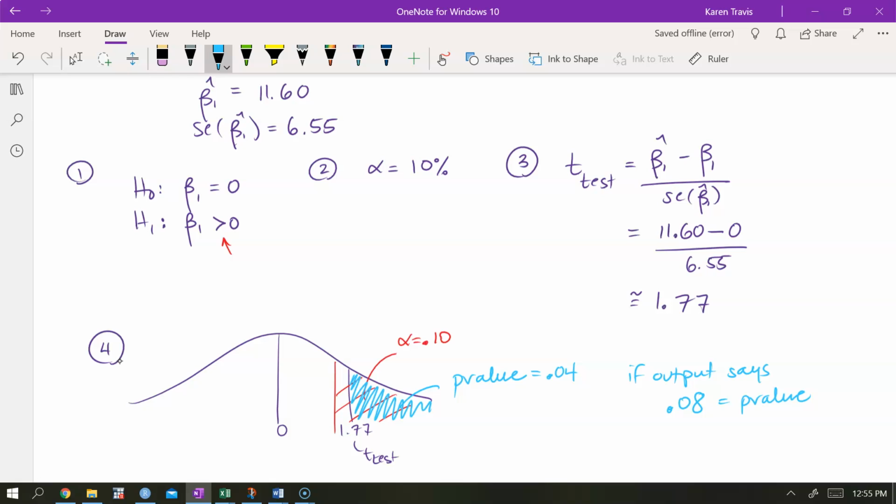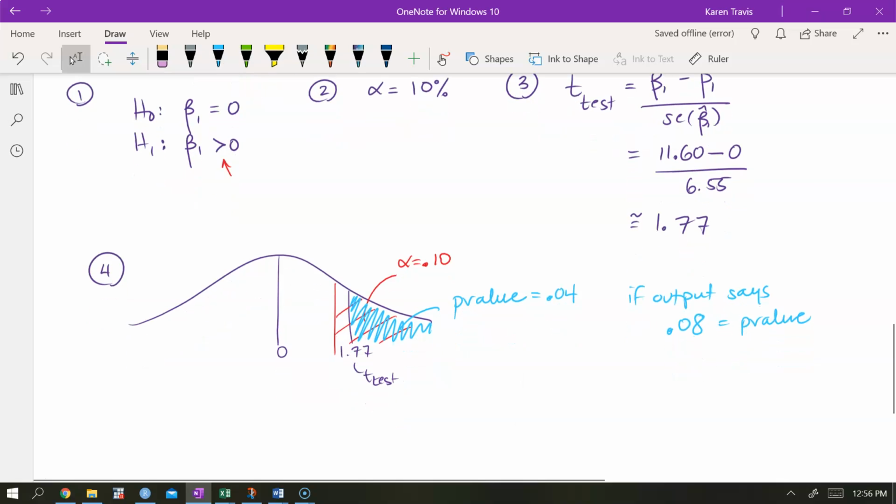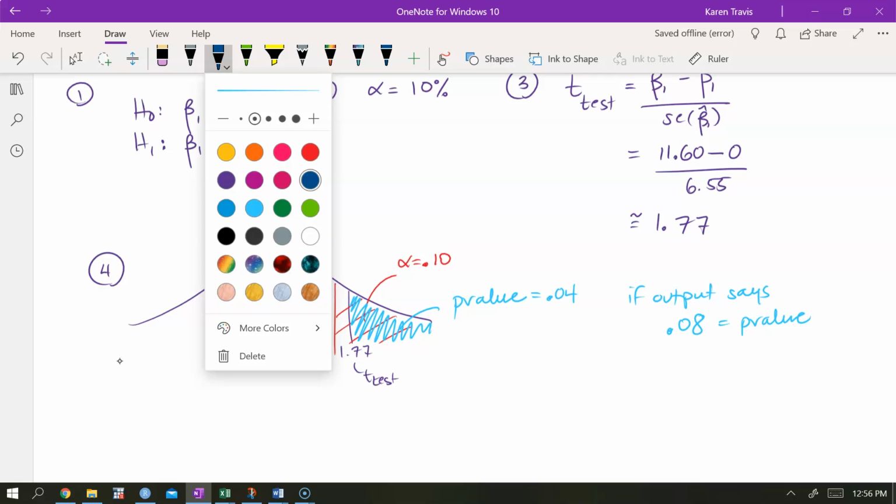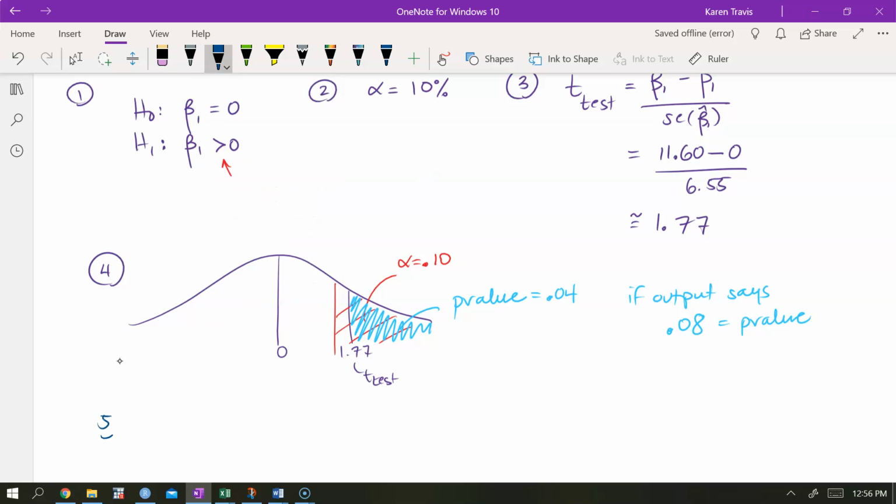However, we're doing a one-tailed test, so we're comparing 10% alpha on one side to 0.04 on one side, and p-value is clearly smaller than alpha in this case. So since p-value is less than alpha, this is 0.04, this is 0.10, we reject the null hypothesis.